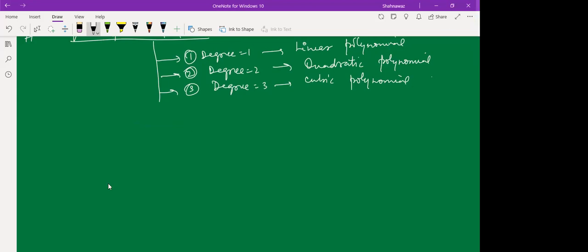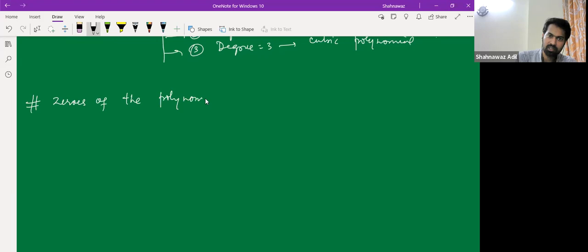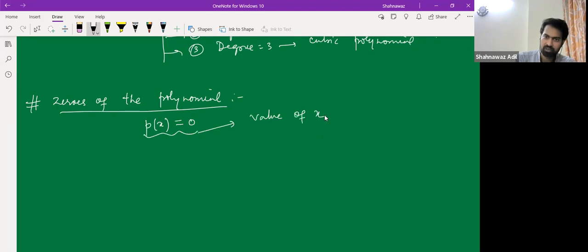Then we have the zeros of the polynomial. So what are the zeros of the polynomial? Let's say I have a polynomial represented by p(x), and if I equate it to 0, this equation would give me the value of x for which p(x) is 0.